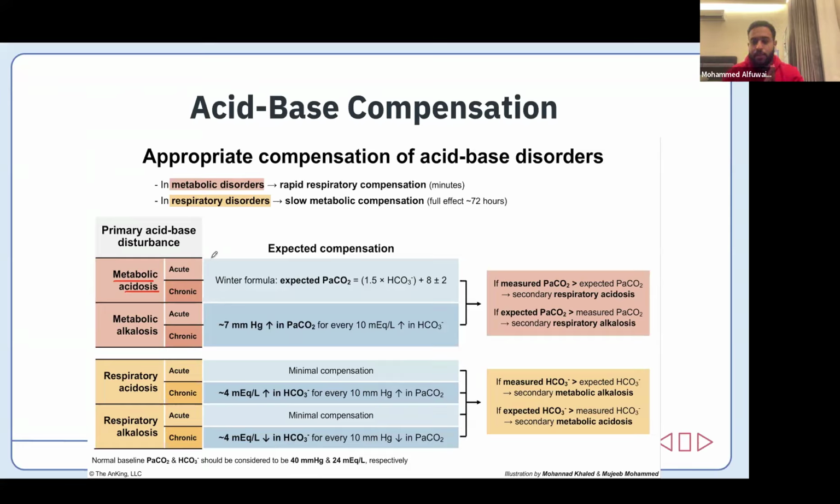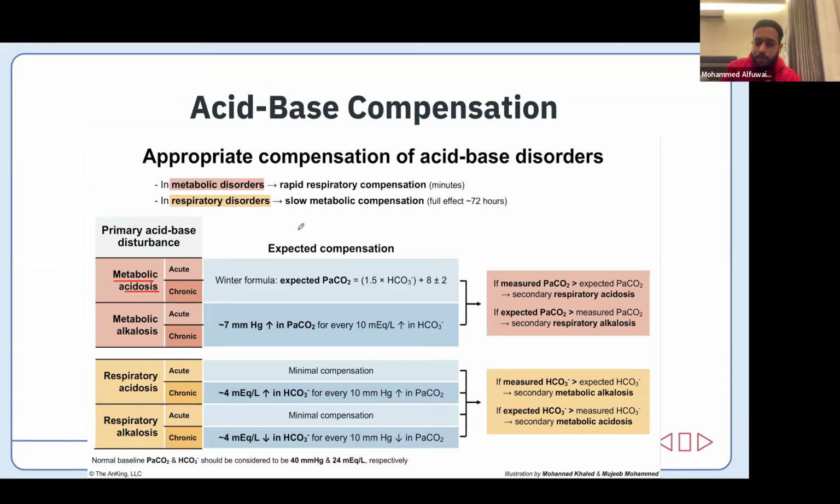So now, here's a patient. Their pH is 7.2. Acidotic or alkalotic? Acid. Their bicarb is 10. Metabolic or respiratory? Metabolic. Done.